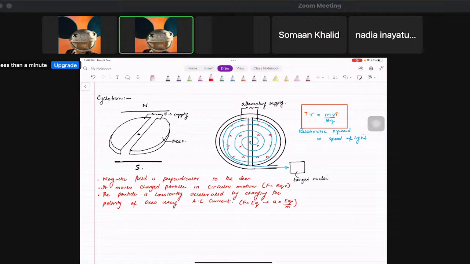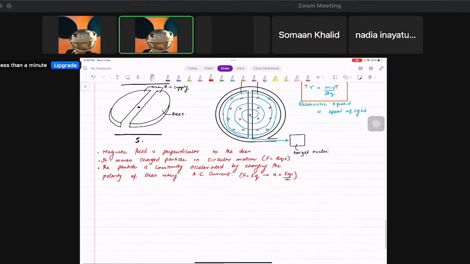Now, according to r equals mv over Bq, as speed increases, the radius increases too.